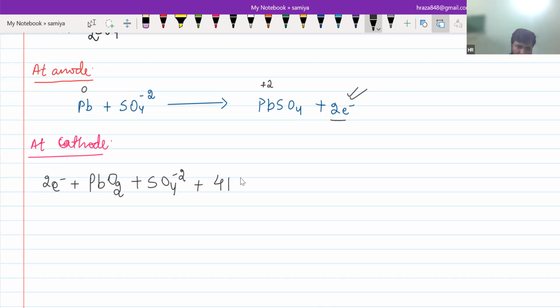For balancing, I'm going to write 4H+ in the whole balanced equation. Can you tell me the oxidation state of lead here? After the reaction, it forms PbSO4 plus 2H2O.